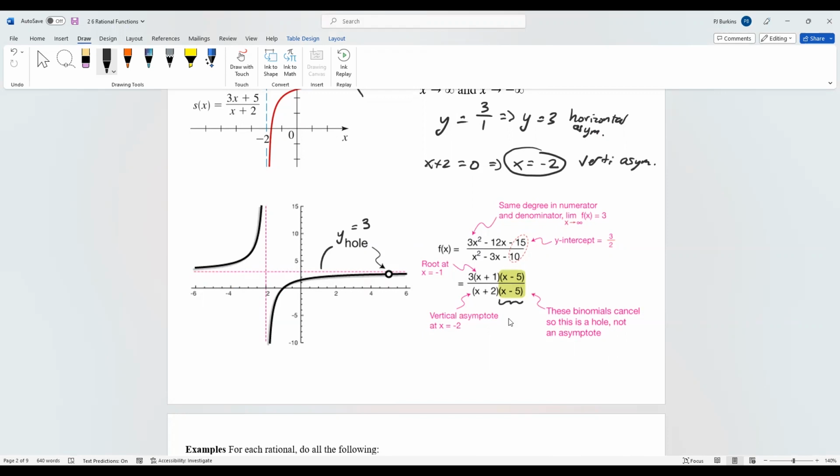So that's what that was saying above, that you have to have the same factor in the numerator and denominator to get a hole. The other factor, x plus 2, gives us our vertical asymptote. Because we set that equal to 0 and solve, that's actually x equals -2. The numerator also has x plus 1, which gives us x equals -1 as a root. And one thing we haven't actually talked about here is the y-intercept, which you can get from the constants at the end by just doing their division.